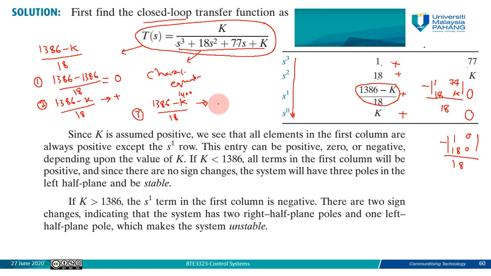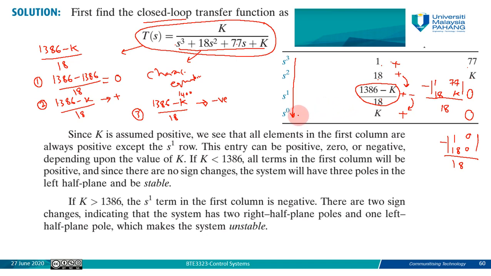Since it is negative, the sign of this element becomes negative. That means you have one change from positive to negative, one change from negative to positive, so you have two changes. Since you have two changes, you have two poles on the right half plane, which means your system is unstable.